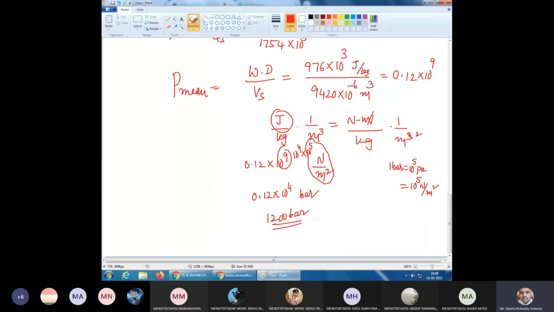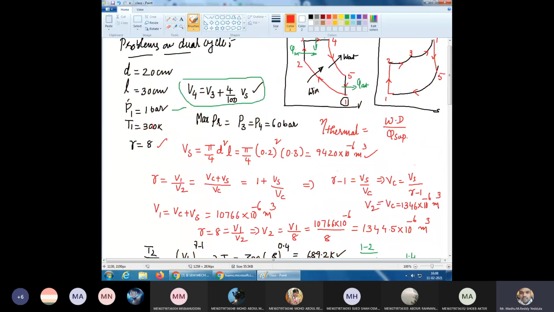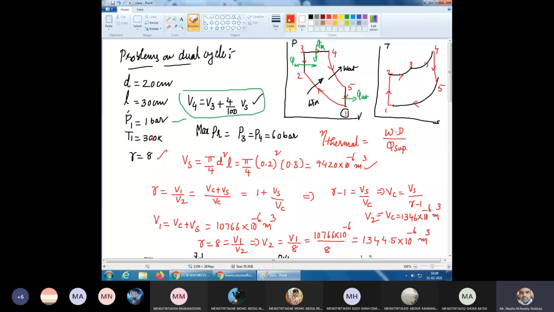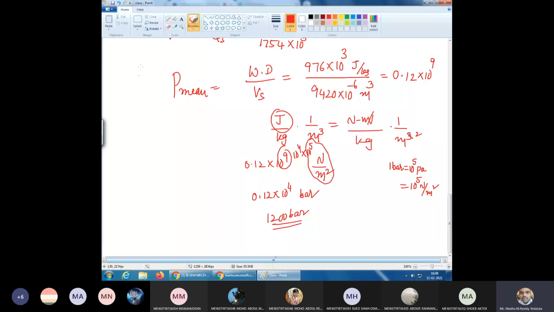Is it clear? What you should remember is whether he is asking for air standard efficiency or thermal efficiency. If he is asking for air standard efficiency, we should use the formula we derived. The air standard efficiency of the dual cycle is equal to 1 minus 1 by r power gamma minus 1, into alpha rho power gamma minus 1 by alpha minus 1 plus gamma alpha into rho minus 1.